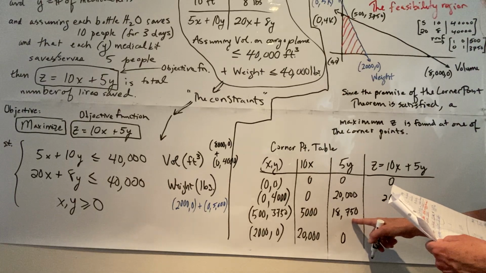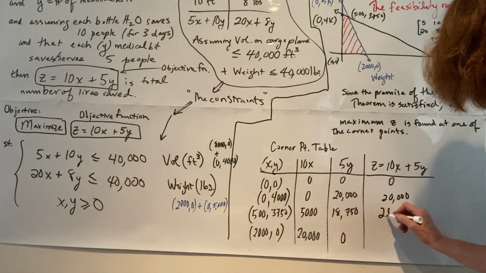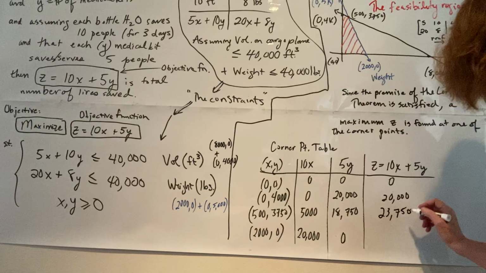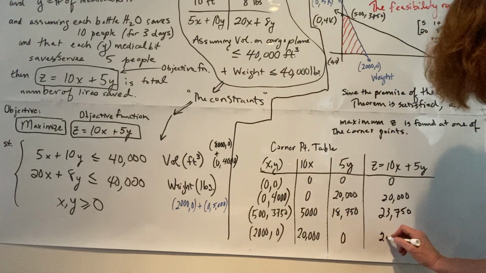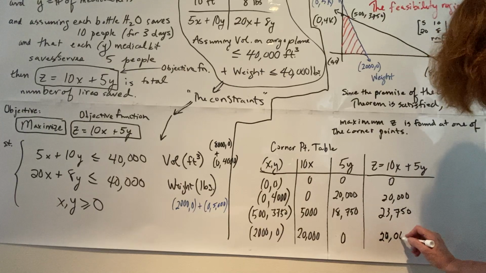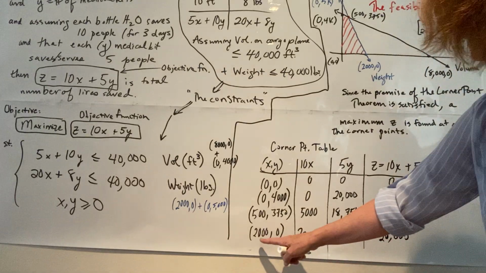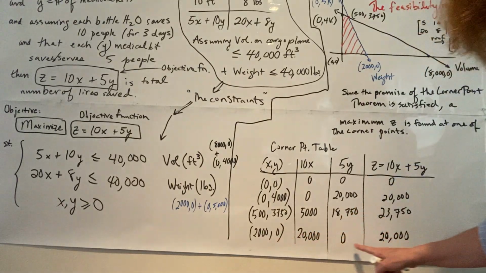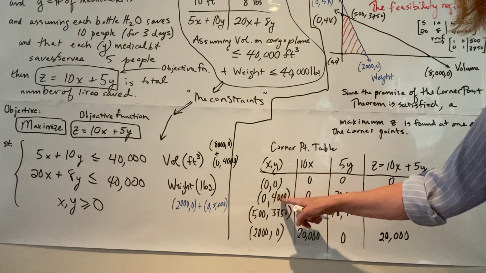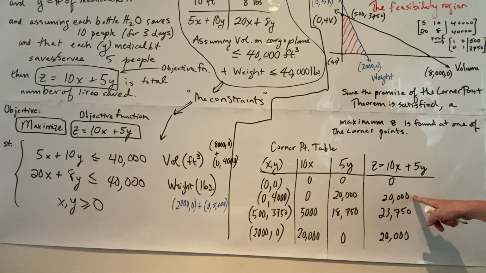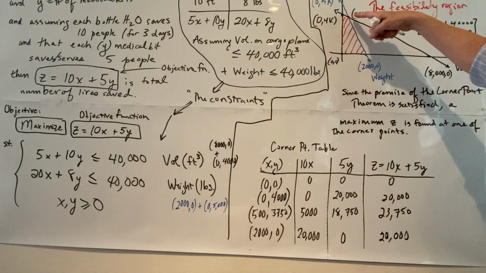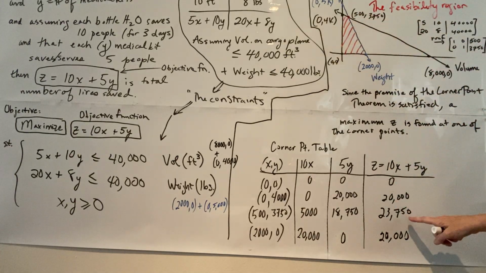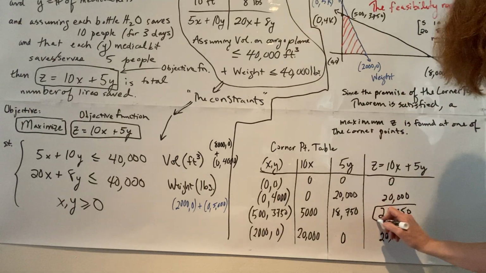This adds up to 23,750. More lives saved. This one, only 20,000. So notice if you just send all water, you save 20,000 lives. If you send all medical kits, it turns out you save the same number of lives. So a combination of the two of them, this extra point we went to the effort to find, gives us the maximum number of lives saved.